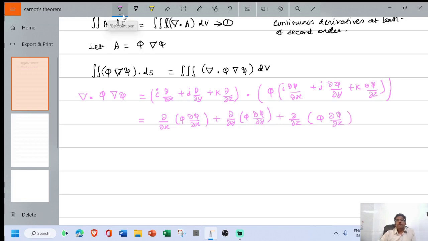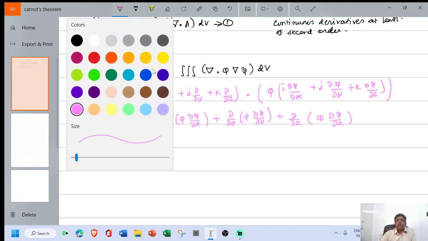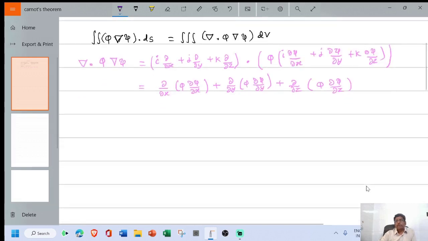Now we have to differentiate using the product formula.